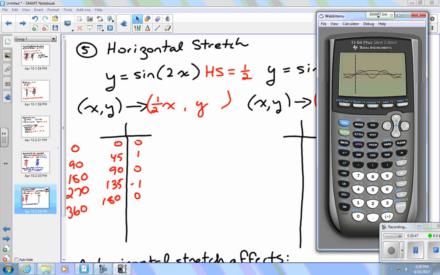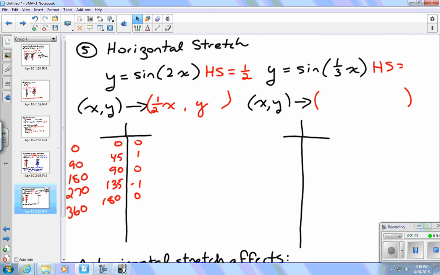Notice that we had to take the whole distance across, including the negative side of the x-axis, to actually get us through one complete cycle of the curve there. So if you predicted that you would have a horizontal stretch of 3, or the reciprocal of the 1/3 there, you'd be correct. So our mapping rule will be that xy maps onto 3x and y.